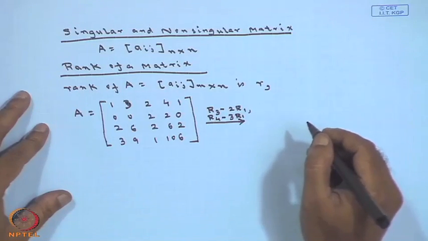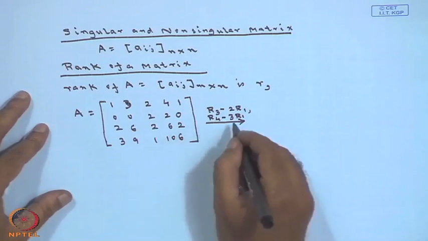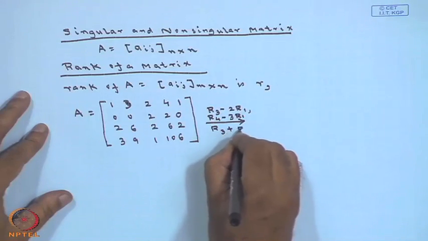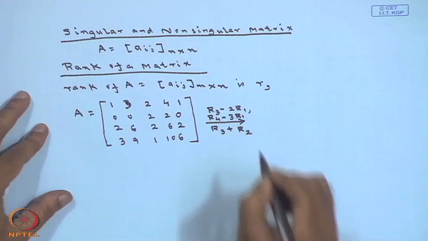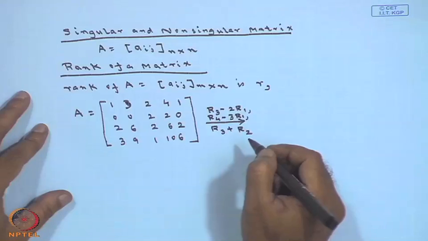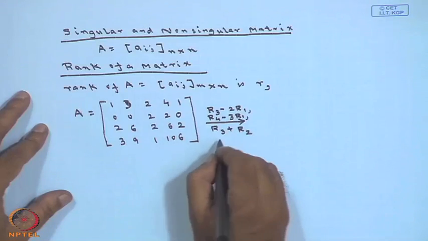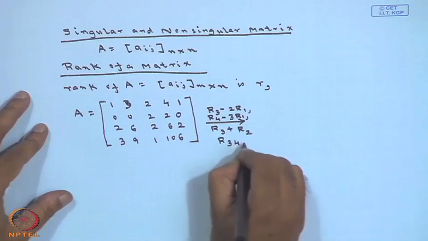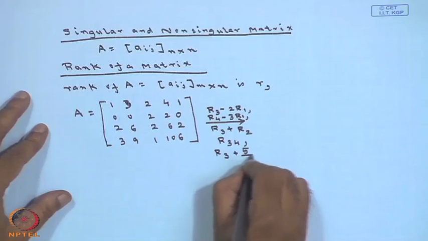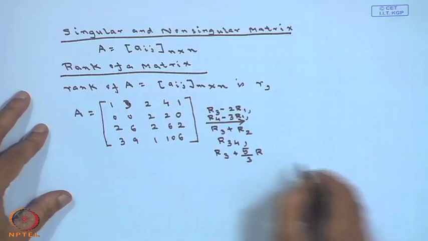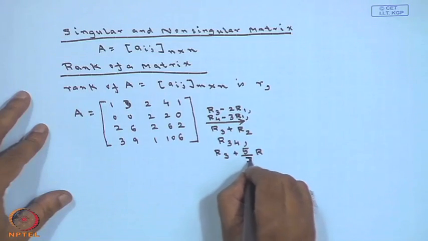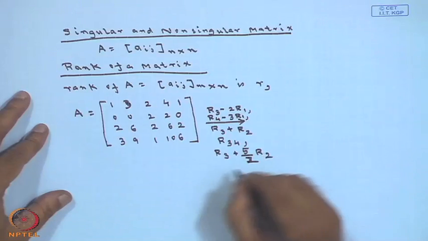Like this you do the operations. I am not writing all of them because it will take time. I am just writing the operations you will perform one after another: first these two, then R3 plus R2, then you interchange the third row and fourth row, and at last you do R3 plus 5 by 2 R2.